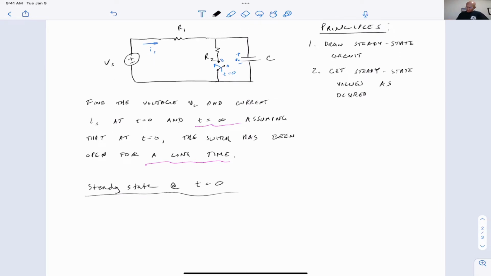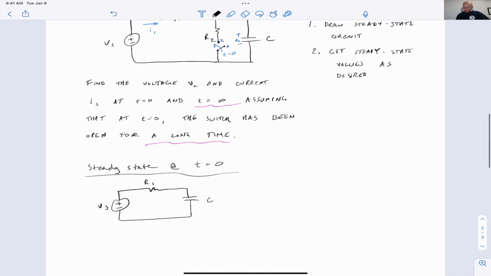So with the switch open for a long time at time zero, R2 doesn't play a role at all because no current can flow through it. Voltage across at zero. And so that's the circuit, but that's not quite the steady state circuit.